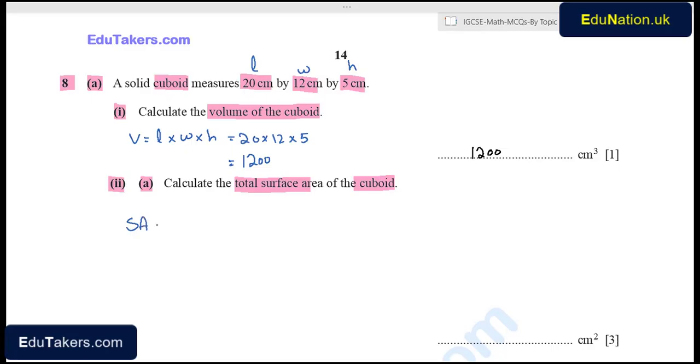The surface area of a cuboid is given by 2 times (length times width plus length times height plus height times width). 2 into length is 20, width is 12, plus length is 20, height is 5, plus height is 5, width is 12.